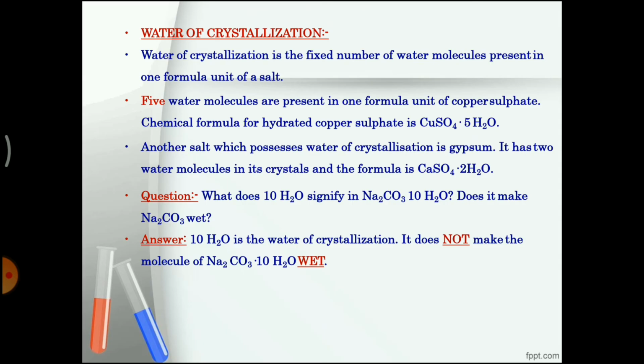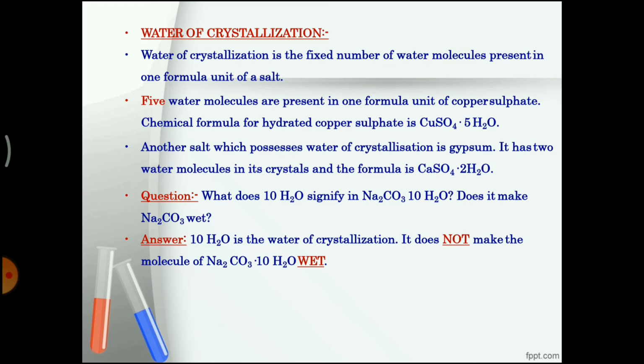The chemical formula of hydrated copper sulfate is CuSO4.5H2O. And previously we have seen that in washing soda there are 10 water molecules. So now you would be able to answer whether sodium carbonate 10H2O is wet or not. Is it wet or not?